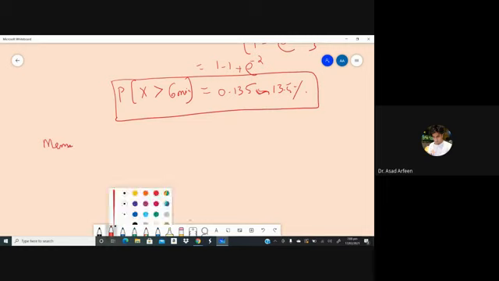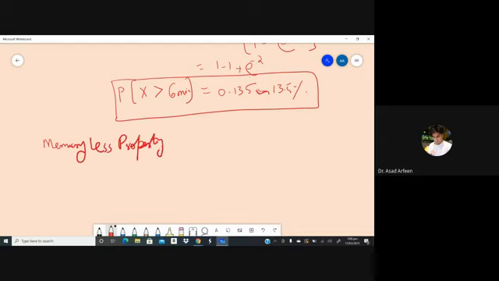memoryless property of the exponential distribution. I'll just write down the property.